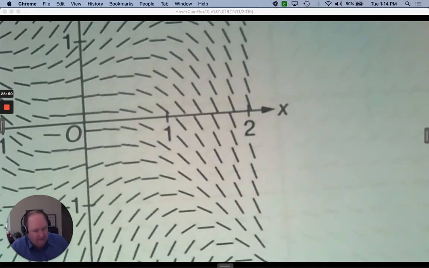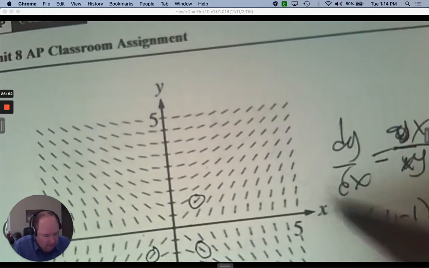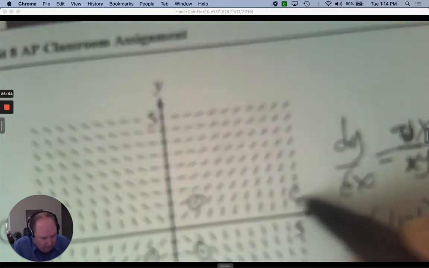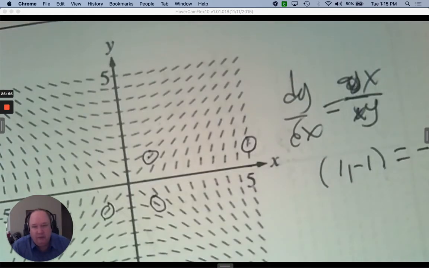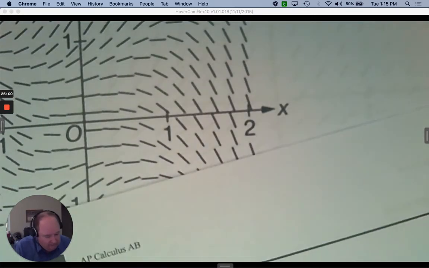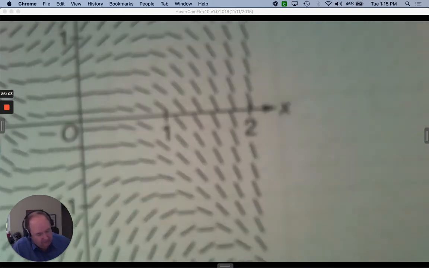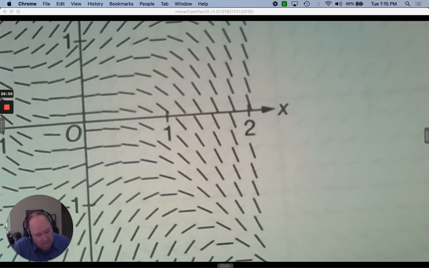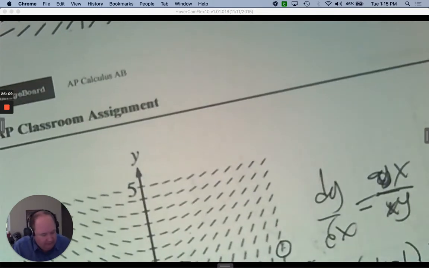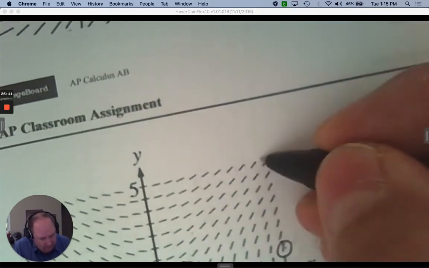How about over here at 5, 1? If I look at 5, 1, it also is a steep one pointing up. So I need to see something that's dissimilar. All right, well, I know what I can pick. Right here.